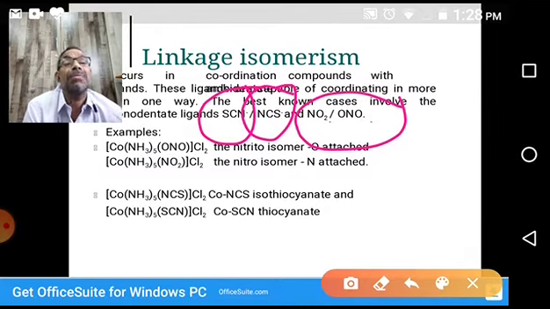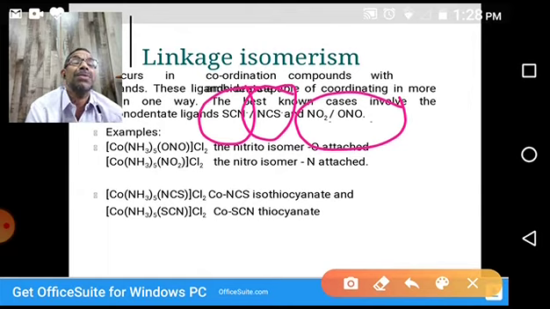If the same molecule coordinates through another atom of the same ligand, we can expect a different type of coordination bond. That's why the linkage is changing. The bonding atom is changing. That's why it is called linkage isomerism.